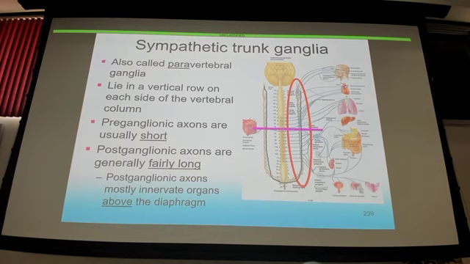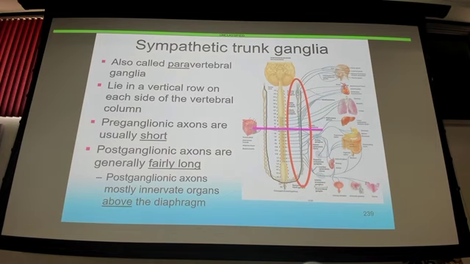So that picture circled in red is just the right half of that. But you have ganglion that go all the way down the spine and up the other side, right about the transverse processes. Y'all have it? You visualizing that? So when that sympathetic preganglionic axon goes through the white ramus, it enters the sympathetic trunk ganglia.